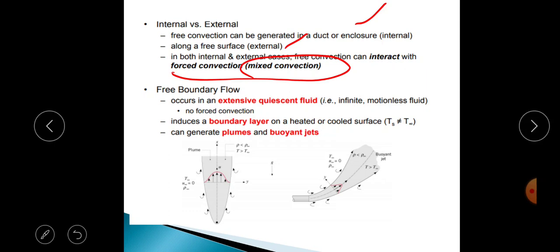Free boundary flow occurs in an extensive quiescent fluid, that is, infinite motionless fluid, with no forced convection. It induces a boundary layer on a heated or cooled surface, and it can generate plumes and buoyant jets also.